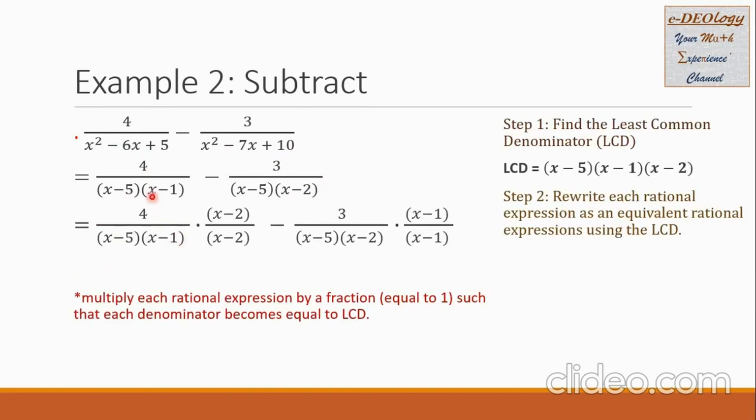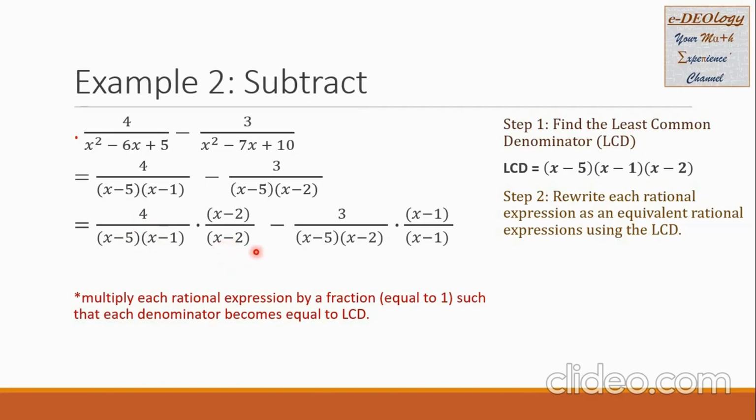For our first rational expression, the denominator is here. We want to convert this into the same value with the LCD. So you see here, we have two binomials, while our LCD has three binomials.